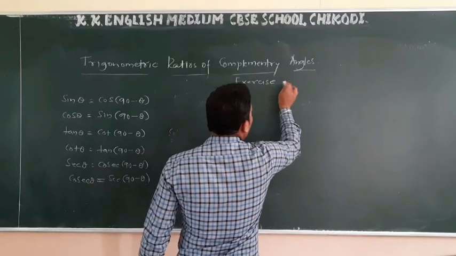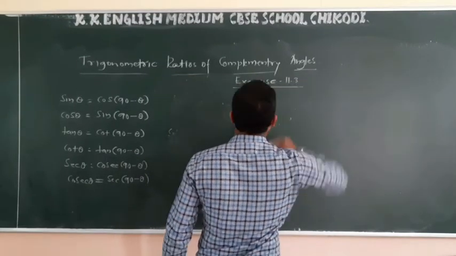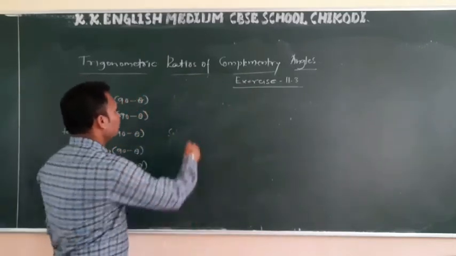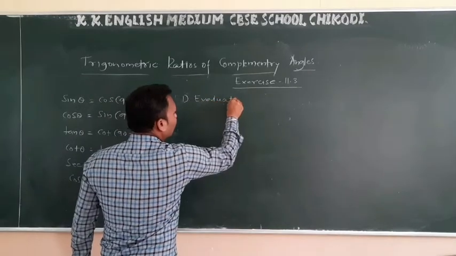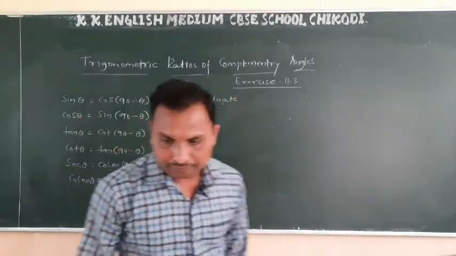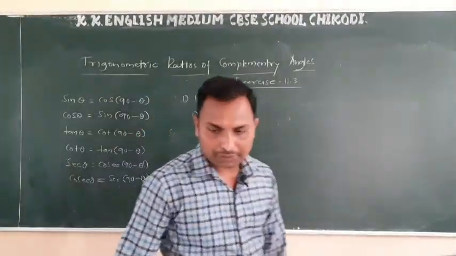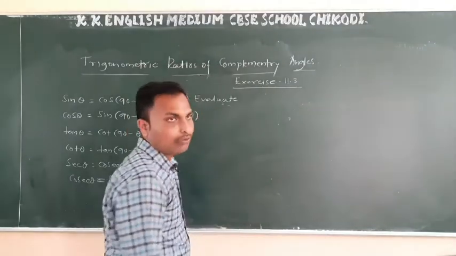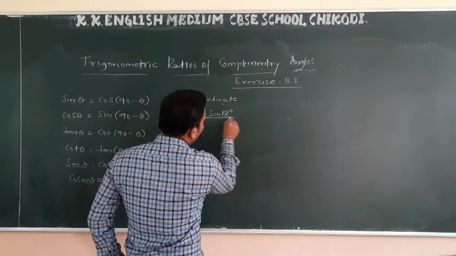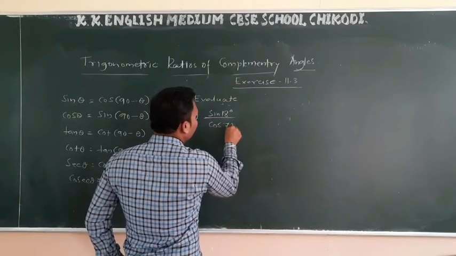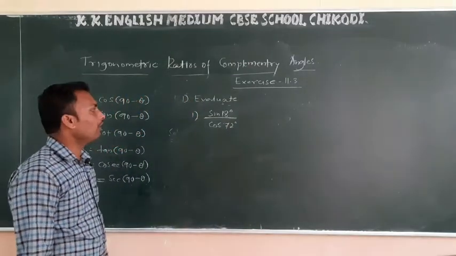In that, the first one is sine of 18 degree divided by cos of 72 degree. So this is the question we have here.